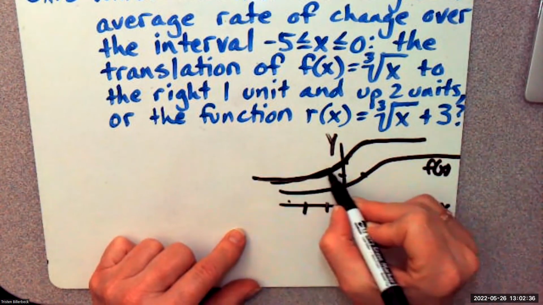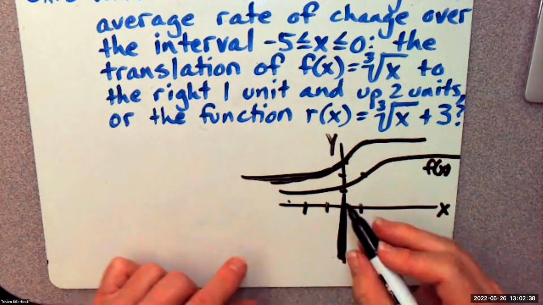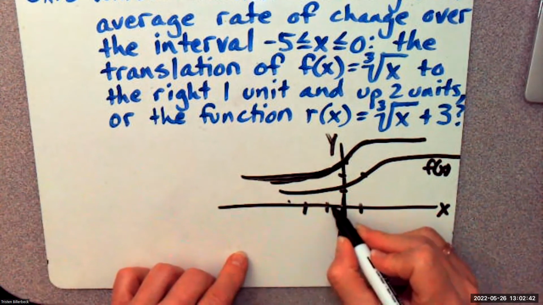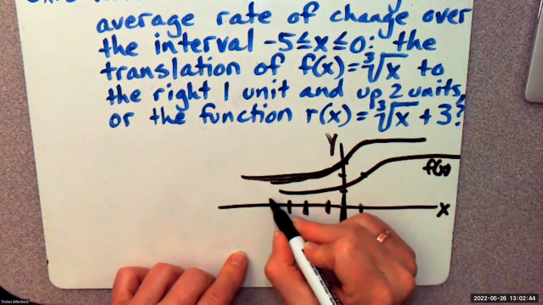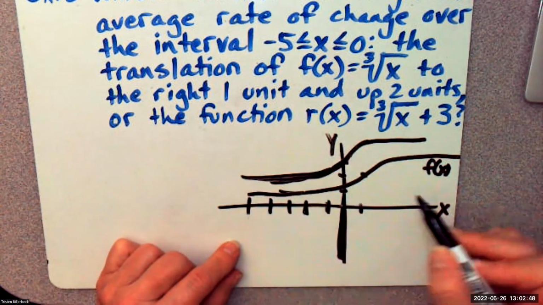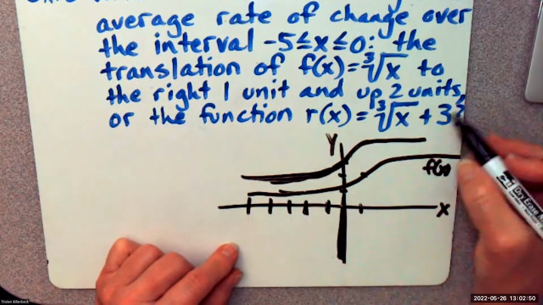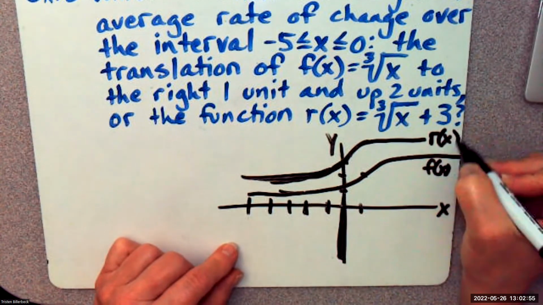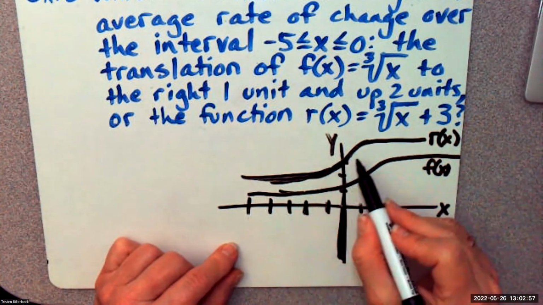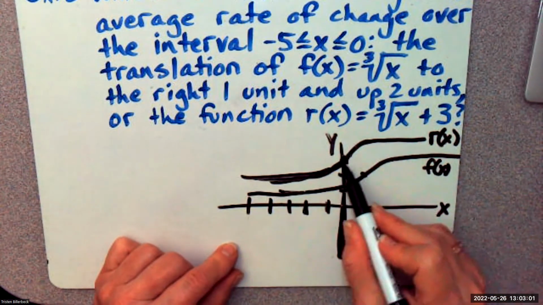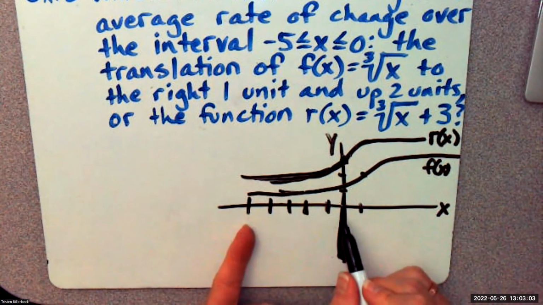So now we are looking at this interval between 0 and negative 5. 1, 2, 3, 4, 5. So this interval, which one's changing the most? So this is r of x right here and f of x. So we see that the inflection point of r of x is in this interval.